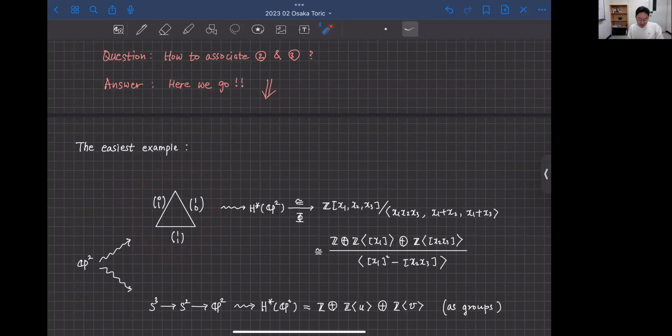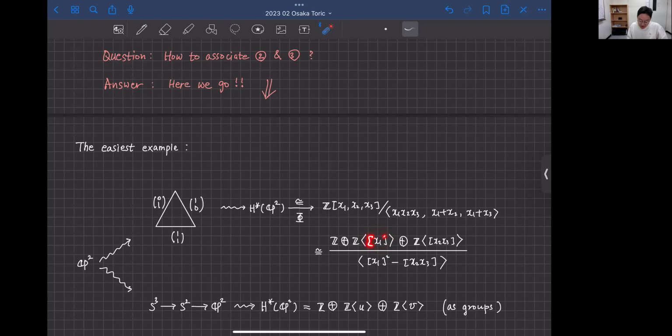And then by the well-known result of Danilov and Jurkiewicz, we can think of this cohomology ring as isomorphic to this truncated polynomial ring.